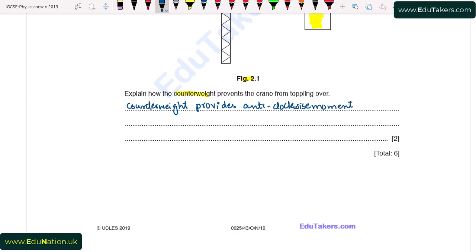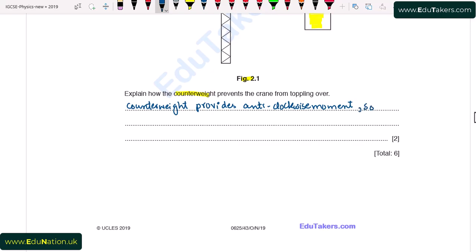So that the clockwise moment will become equal to the anti-clockwise moment, because the counterweight causes the anti-clockwise moment and the load causes the clockwise moment. So both of these moments become equal.